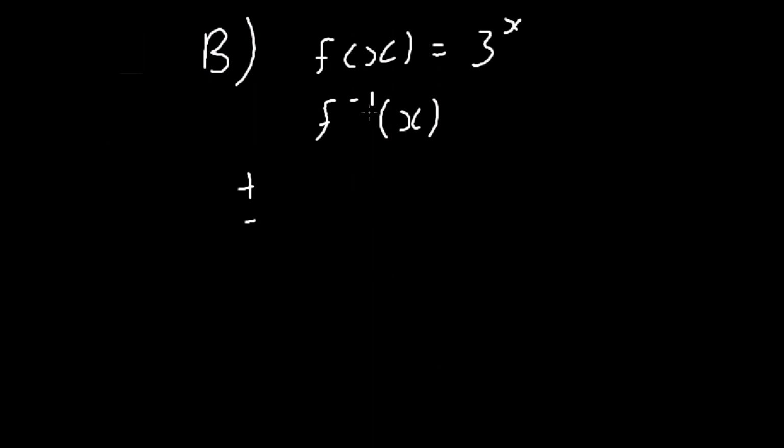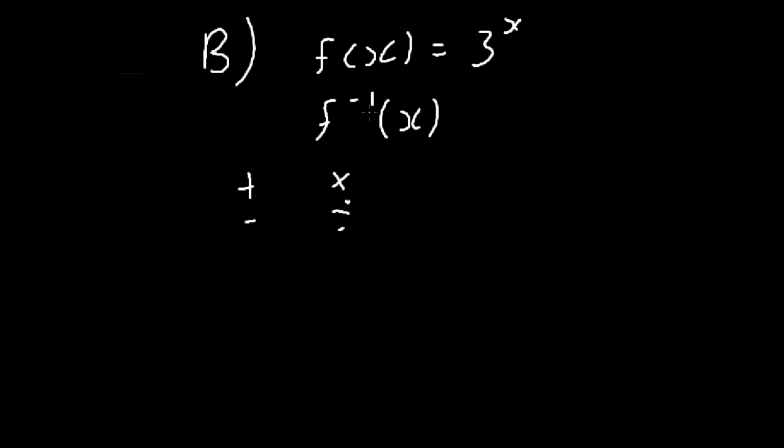Inverse means if I have a function, in this case f(x) is equal to 3 to the power of x, what does the inverse of that function look like? This is exponential, so plus and minus go together, times and divide go together.